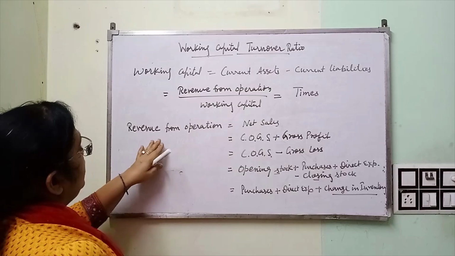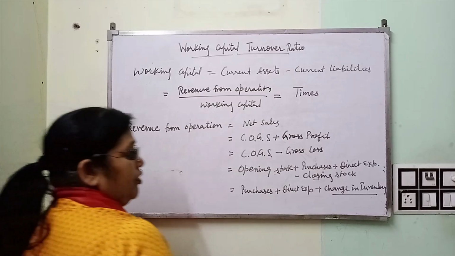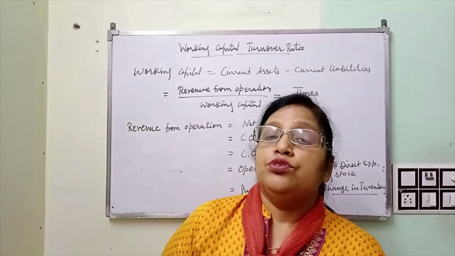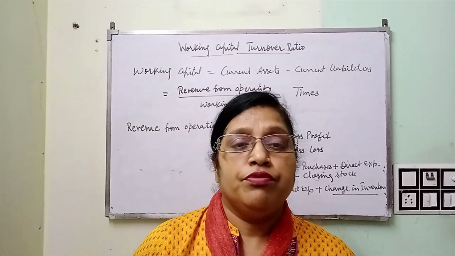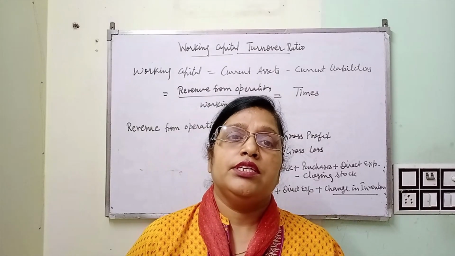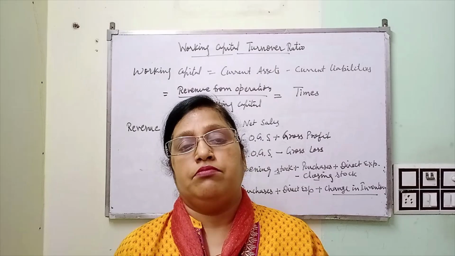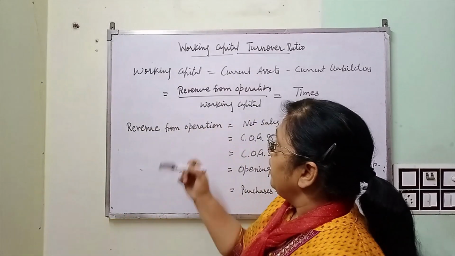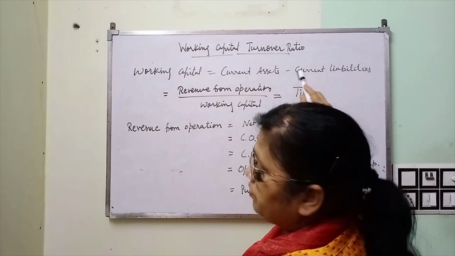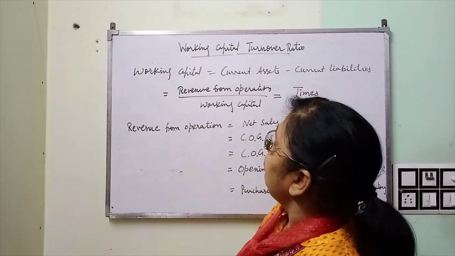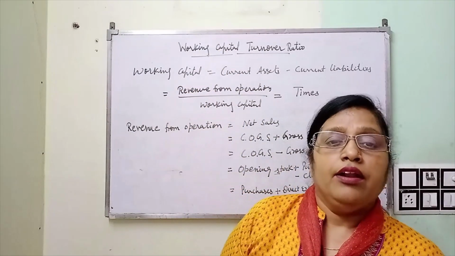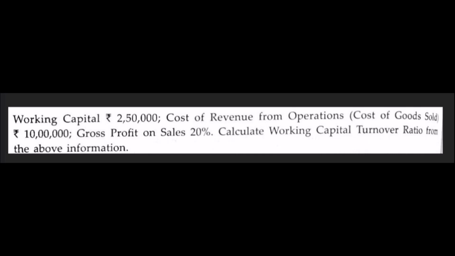So, if in question revenue from operation is not given and there is no source to calculate cost of revenue from operation, then we can take COGS as revenue from operation. Working capital, I have told the formula, current assets minus current liabilities. Clear?